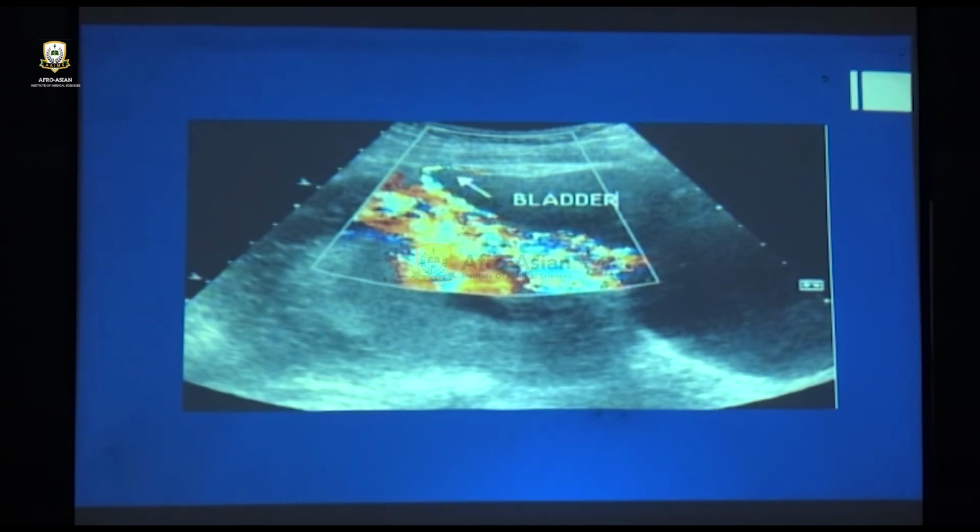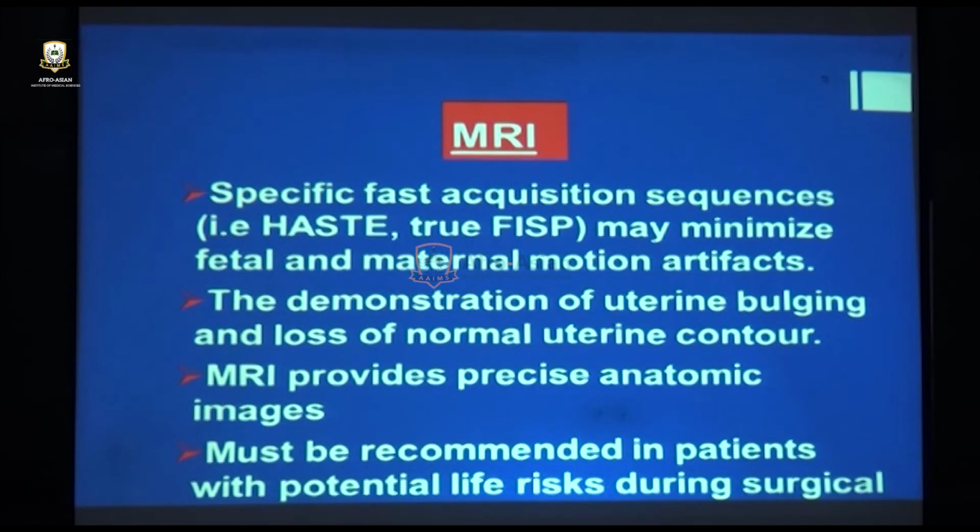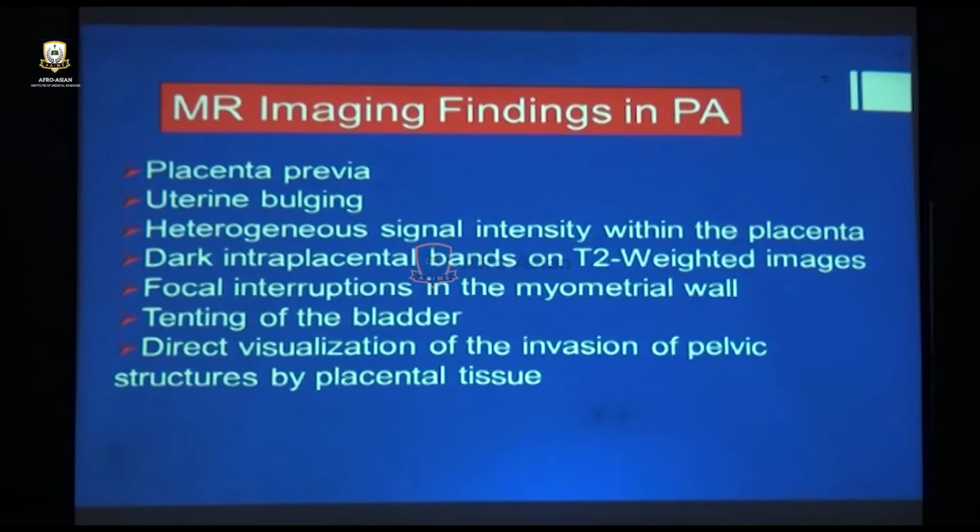I'll just touch on MRI because all of us must be aware of its significance. We have specific fast acquisition for MRI. There is a demonstration of uterine bulging and loss of normal uterine contour in MRI. MRI provides precise anatomical images and must be recommended in patients with potential life risk during surgical intervention.